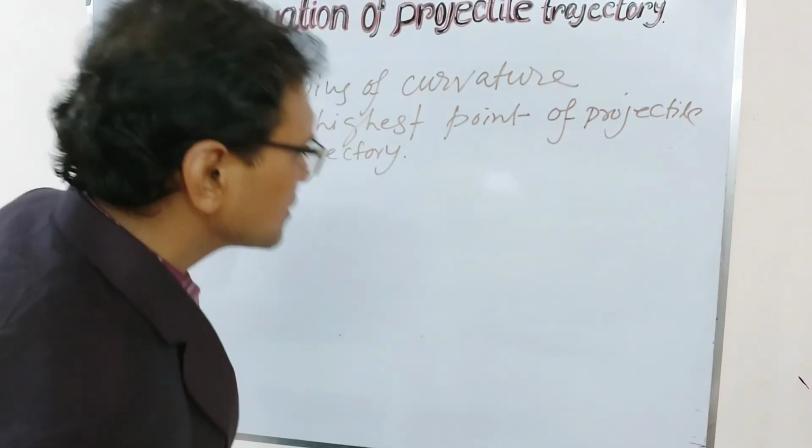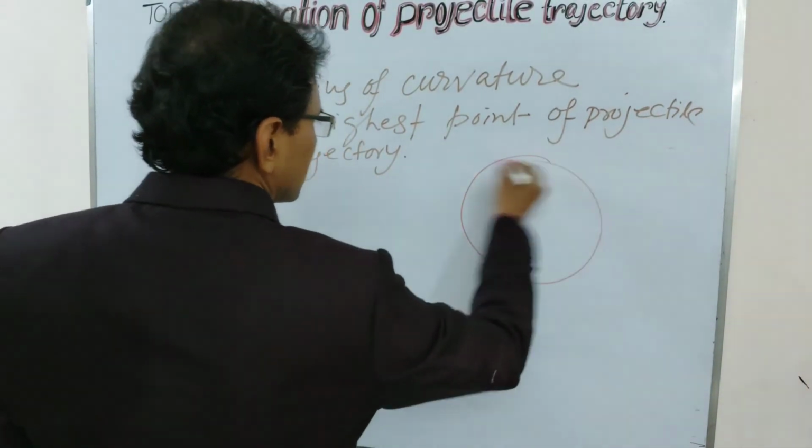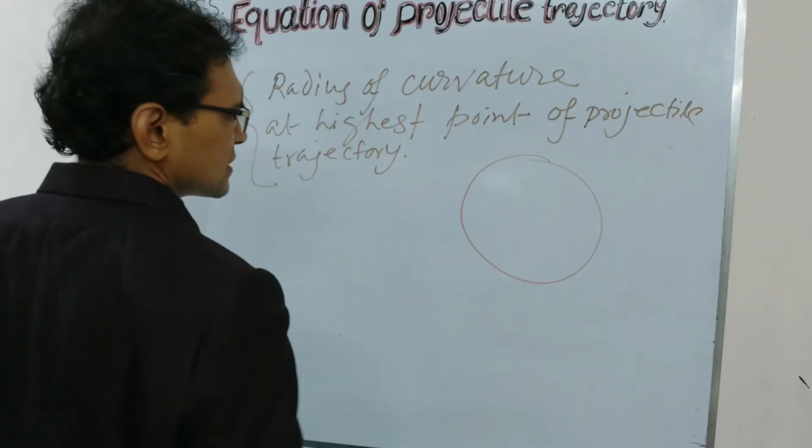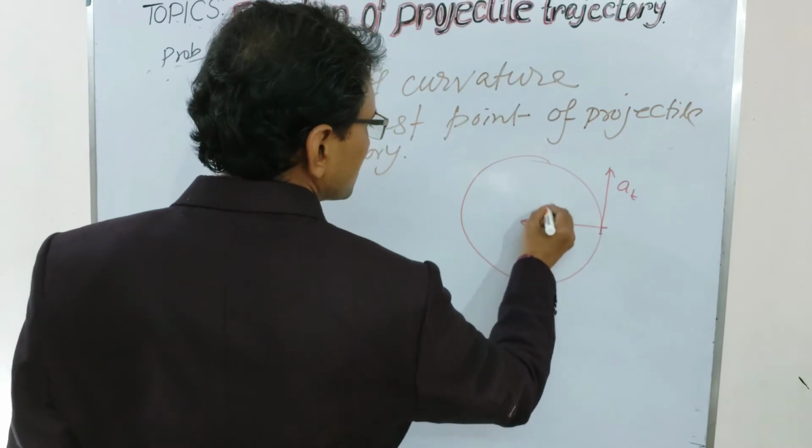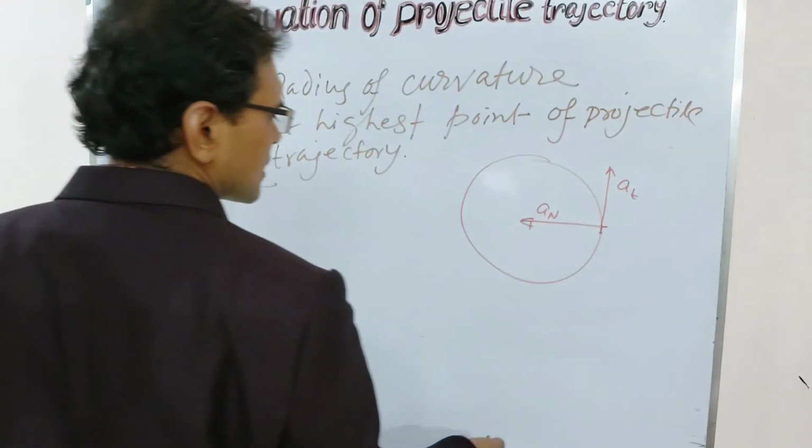For that we use, if the path is a circular path, and here we know that tangential acceleration and normal acceleration, two accelerations are present for the circular motion.